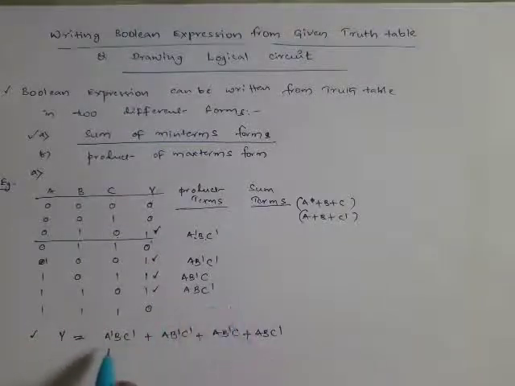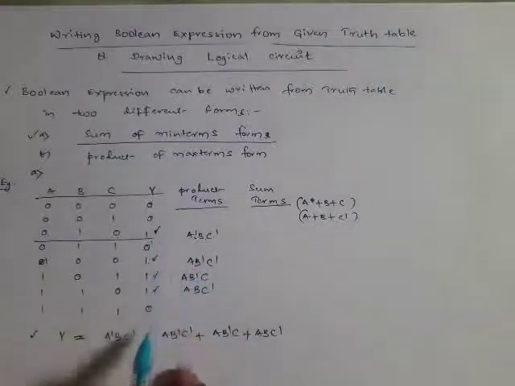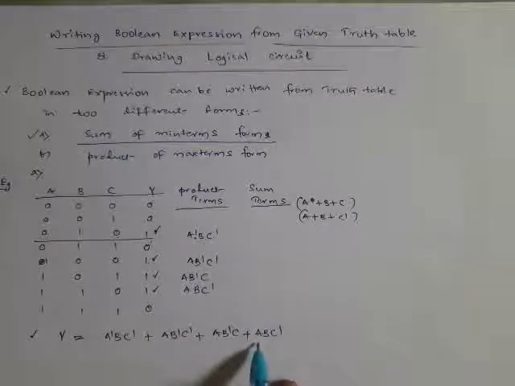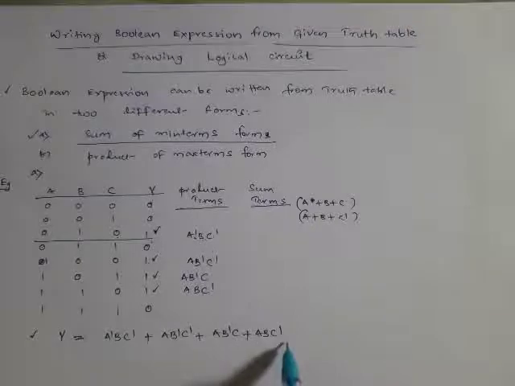Next we logically added all these product terms for which the function is equal to 1, and that gives the Boolean expression for the function in sum of product terms form.